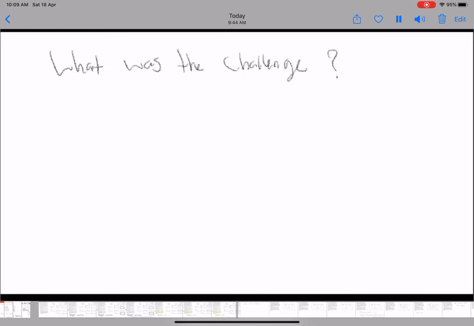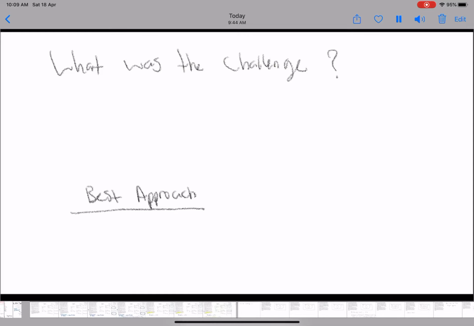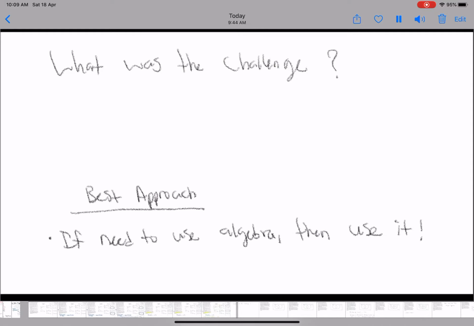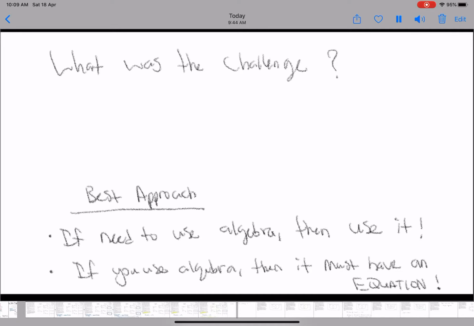I think it's because last year when we did probability, there was never any algebra involved. But you should know the algebra is at the heart of every mathematics topic. So when there is a need to use algebra, use it. And whenever you use algebra, there will be an equation and you have to solve it. Alright?